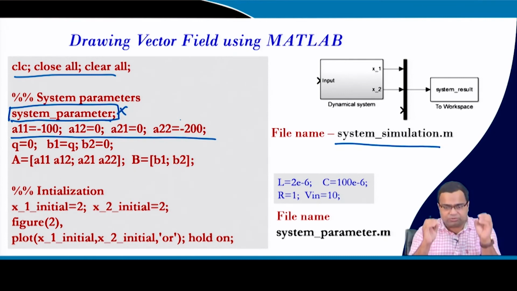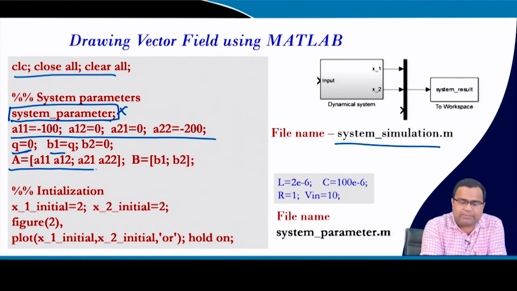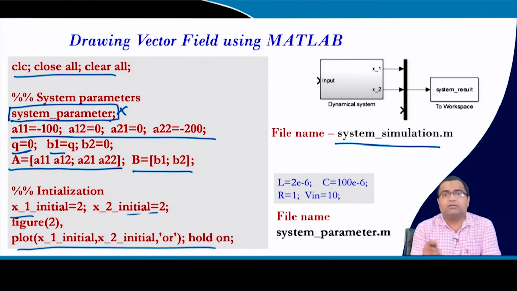So, we are putting in the values, not using any symbol. For B1, B2 I am getting Q 0. So, if Q equals 0 there is no input, right. I am using the A matrix and B matrix I told you, and these are the initial conditions, and then you can plot the initial figure.